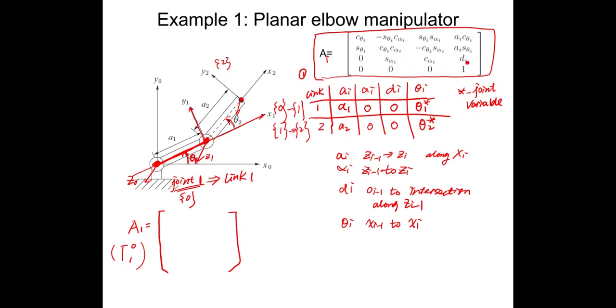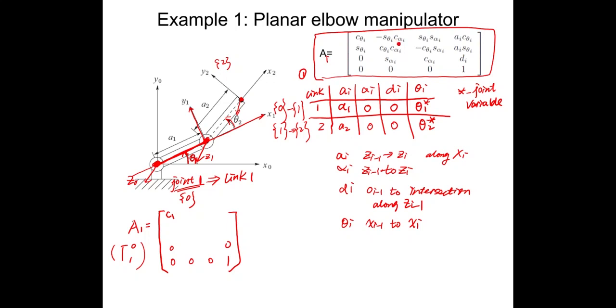Since d I is 0, the fourth row must be 0, 0, 0, 1, and here d I is 0, so I have it at 0. Then we calculate from the first term, cosine theta I. Now we know theta I is our joint variable, so I just use theta 1, shortened as C1, where C1 means cosine theta 1.